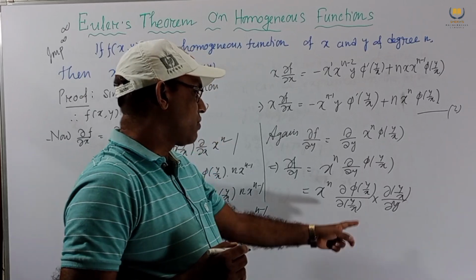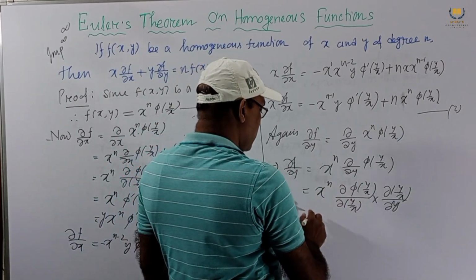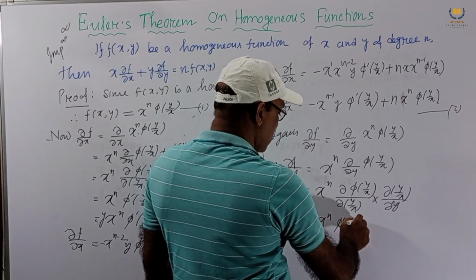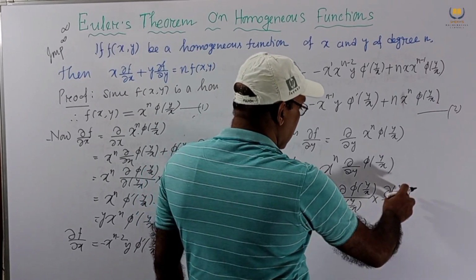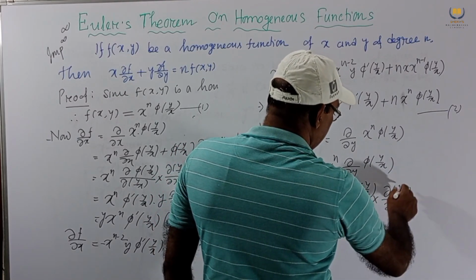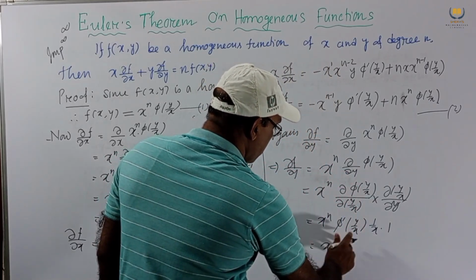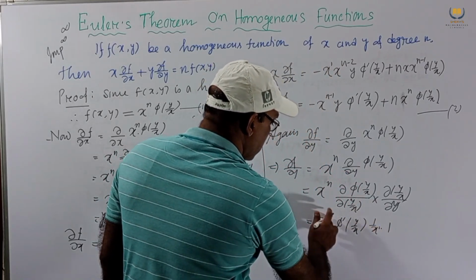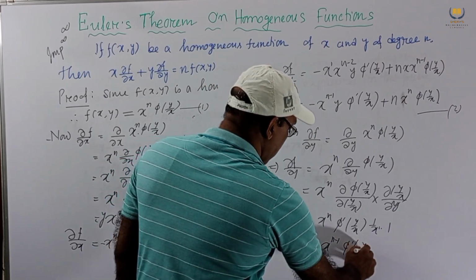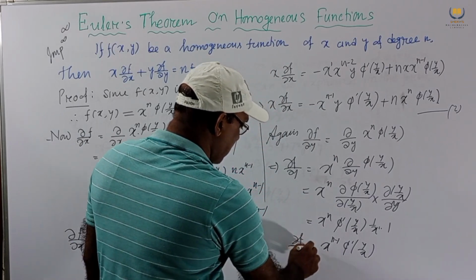Using the chain rule, we write phi dash, and 1 by x is constant and del y by del y is 1. So we get x to the power n minus 1 phi dash y by x. This is del f by del y.